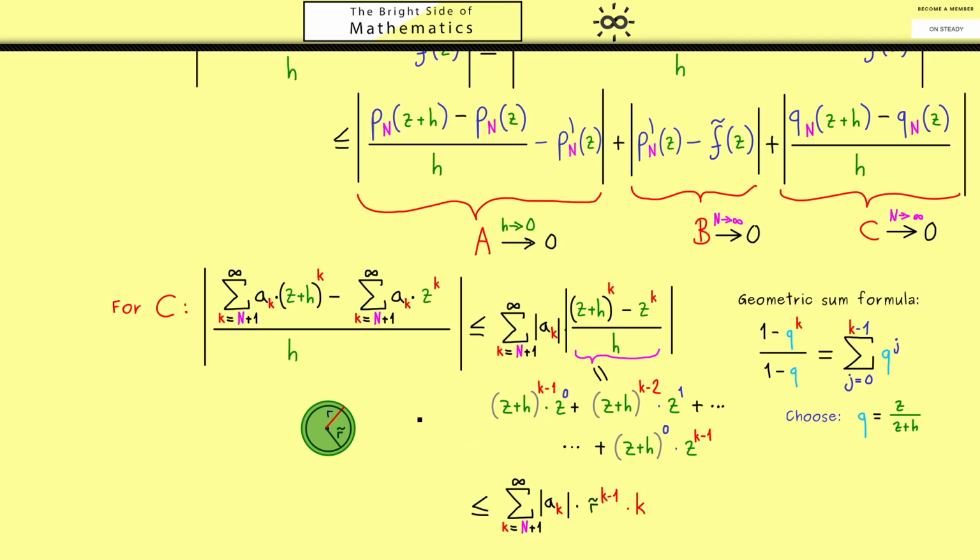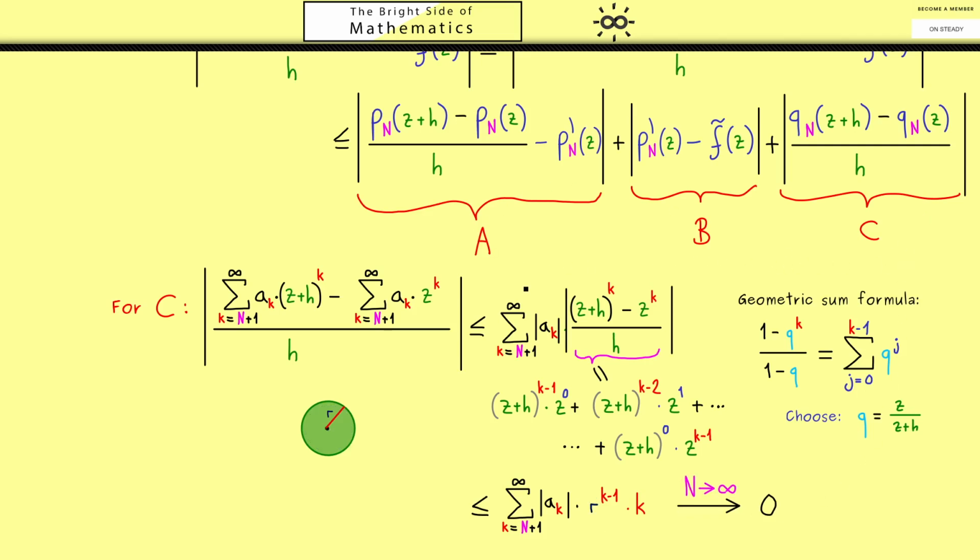Hence, instead of the number r, we can choose a smaller number r tilde as the bound for all these numbers. Then we get this series here, and the most crucial fact is this is a convergent series. And therefore, this tail of the series has to go to 0 when capital N goes to infinity. Okay, and with this you see, we have complemented the last missing part of our estimate above.